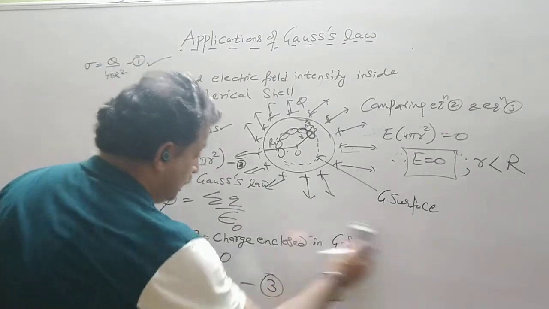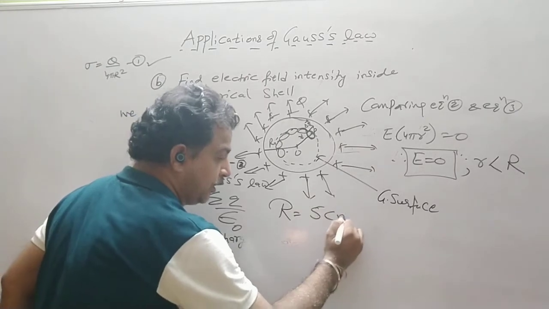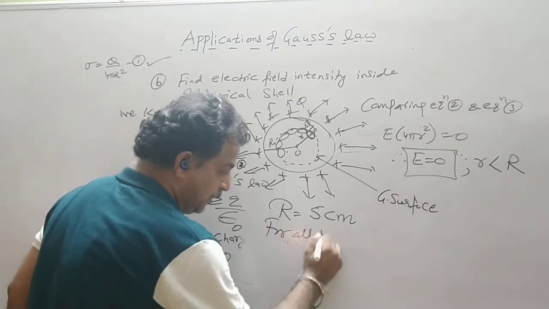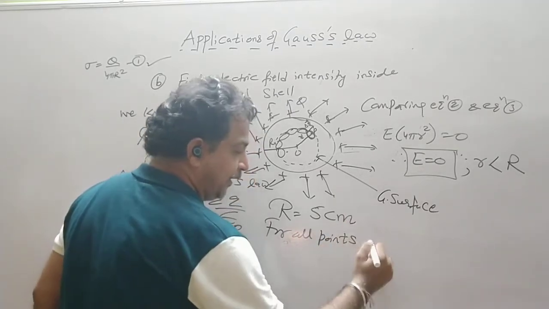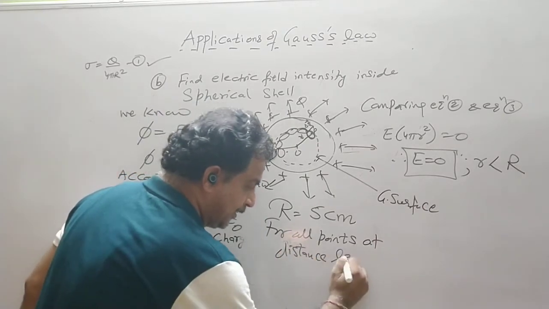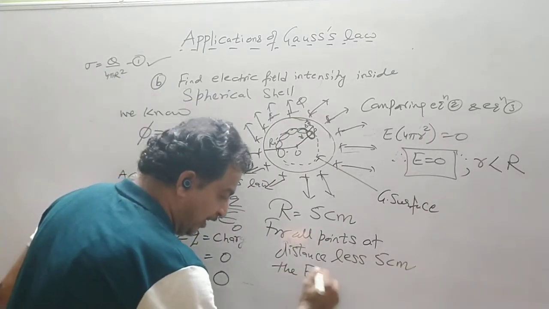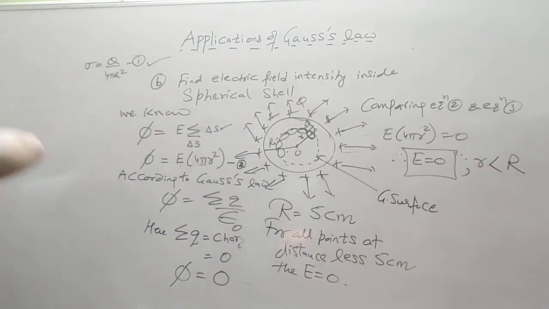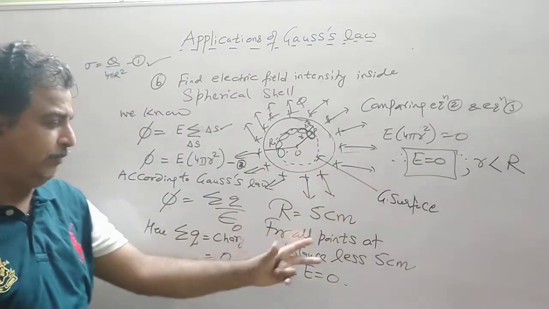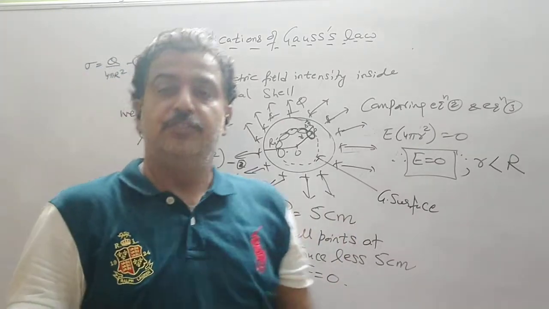So if I say the radius of the spherical shell is 5 centimeter, then for all points at distance less than 5 centimeter, the electric field intensity is 0. So if I am 1 centimeter away from the center or 2 centimeter or 3 centimeter, whatever be the value less than 5 centimeter, the electric field intensity is 0.